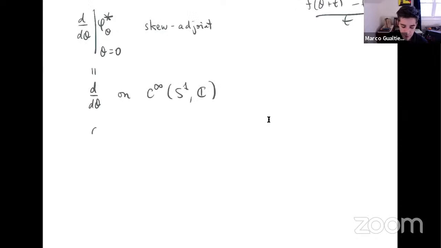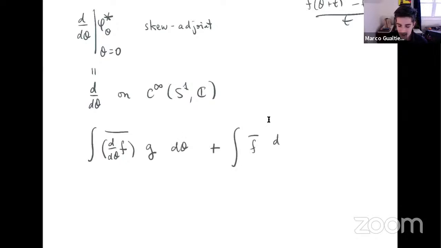And indeed, there's a famous result, which you all know, that if we take d by dθ of the integral of f g dθ, then this is equal to 0. This is something you probably call integration by parts.